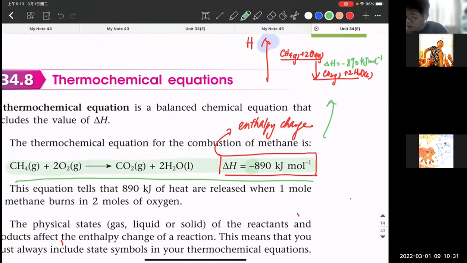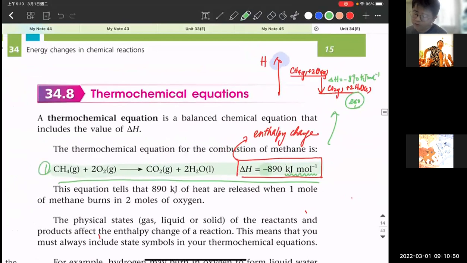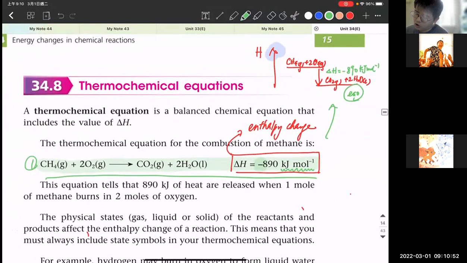So we call this an enthalpy change. Now it comes to our concern about the unit. The unit for enthalpy change is kilojoule per mole. So what is the hidden message? For this reaction, according to this equation, 1 mole of methane burns with 2 moles of oxygen to form 1 mole of carbon dioxide and 2 moles of water.